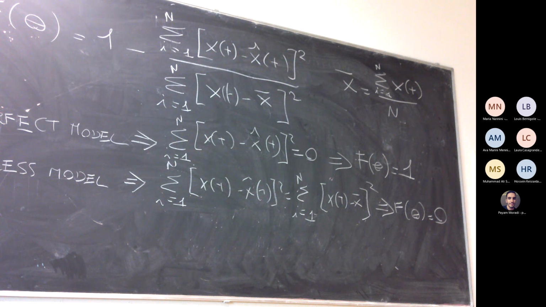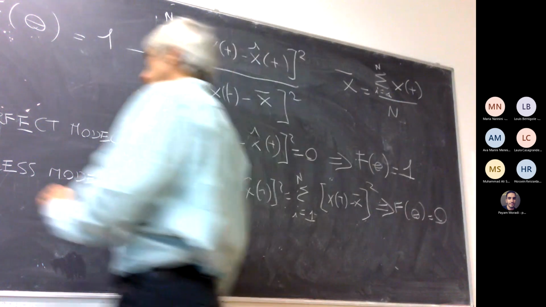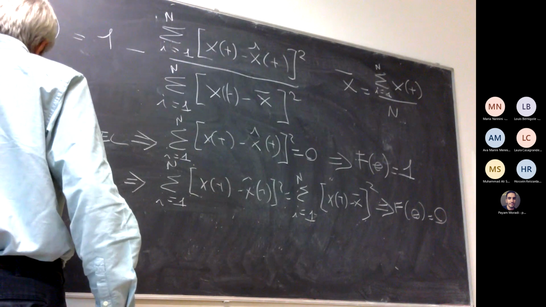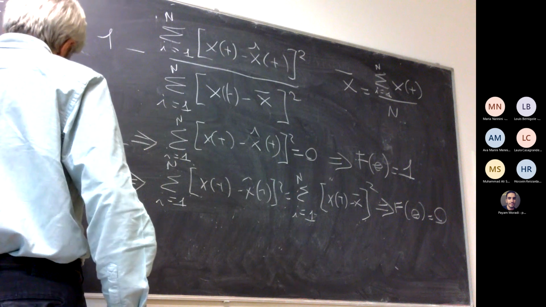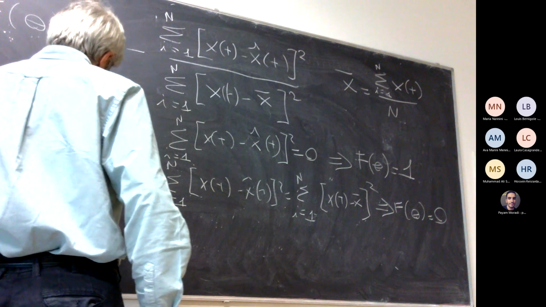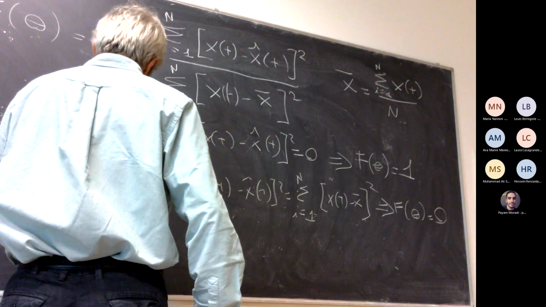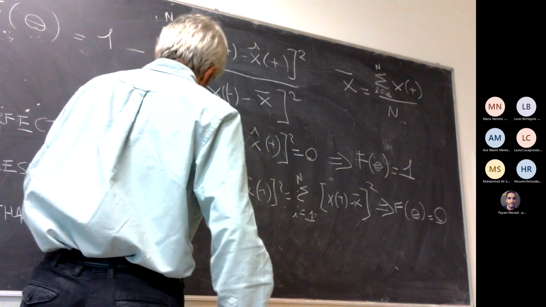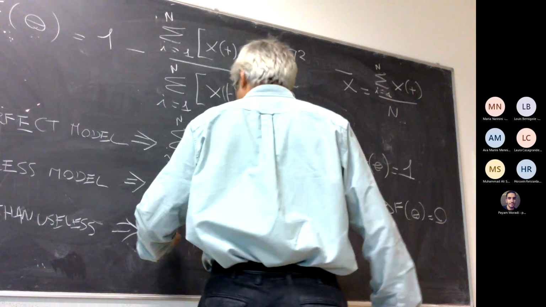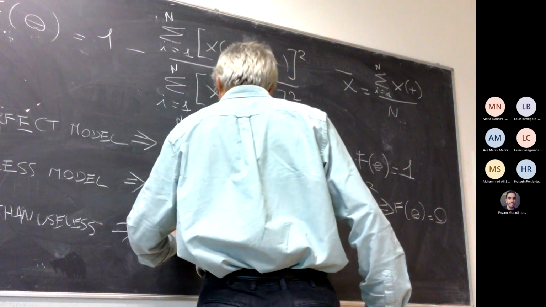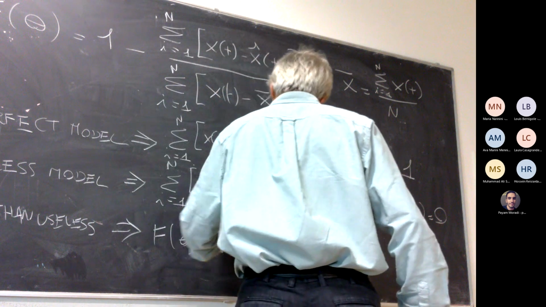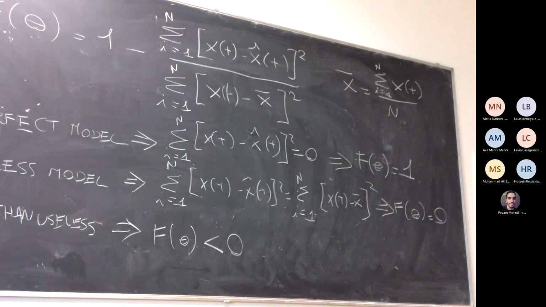If something is not clear, please ask. And then last case, less than useless model. Less than useless. And let me just write f theta lower than 0.